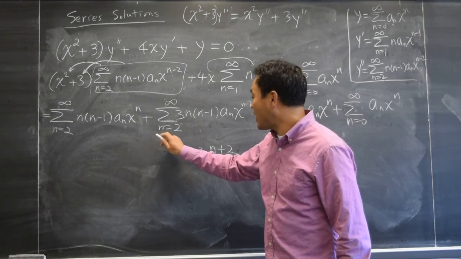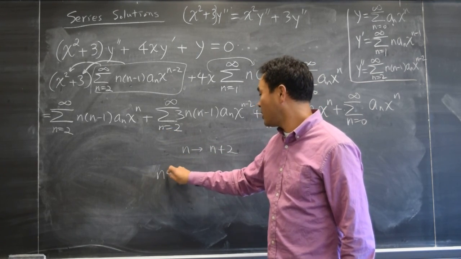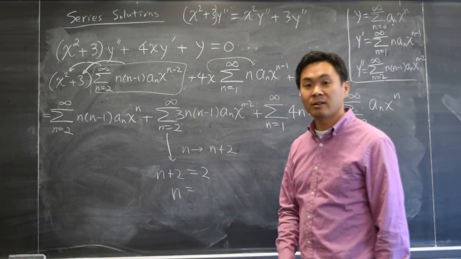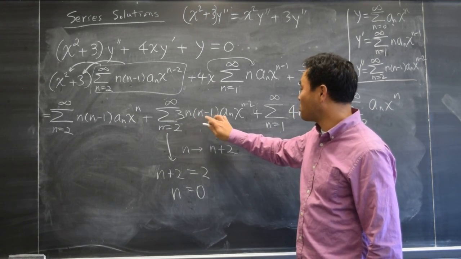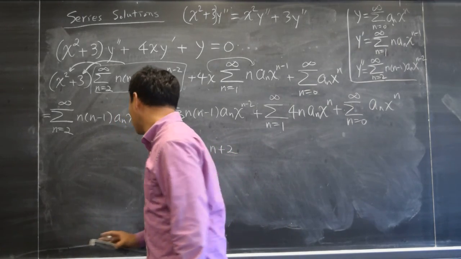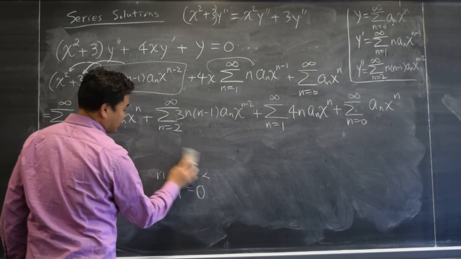If I have n plus 2 equals 2 and solve for n, what do you get? This thing becomes that, and if you solve for n, you get n equals 0. And if I replace this n by n plus 2 everywhere, just think about what it's going to produce.